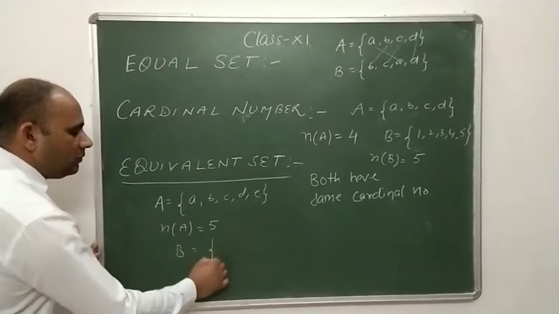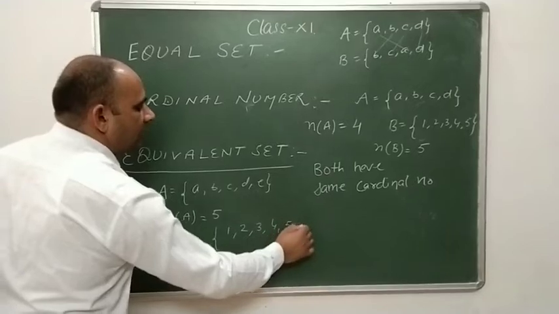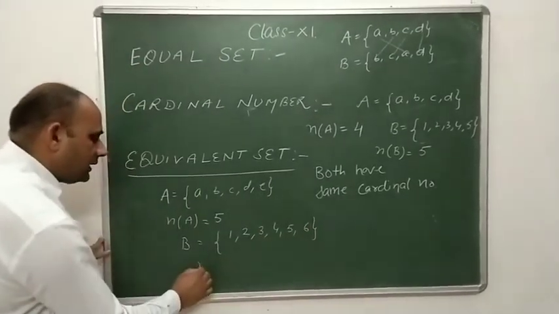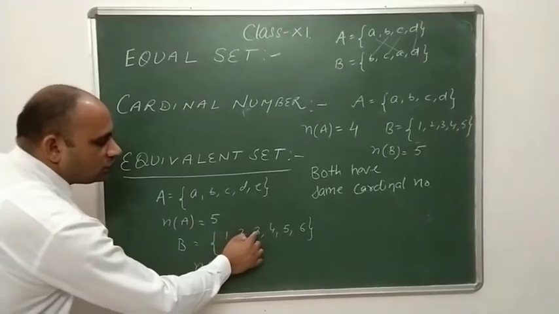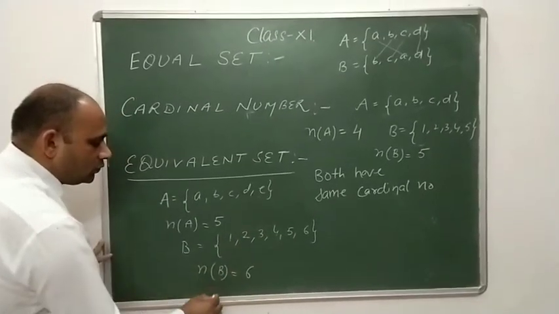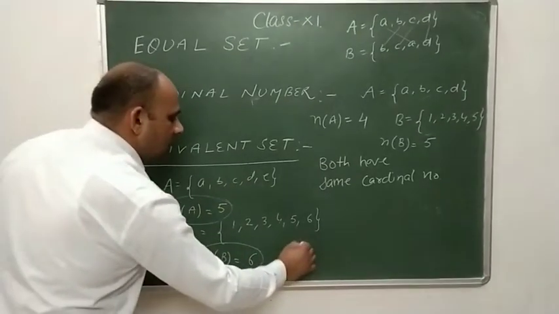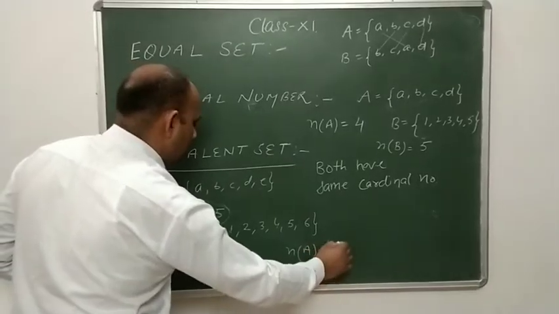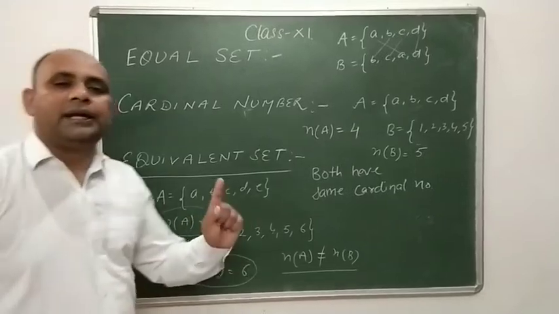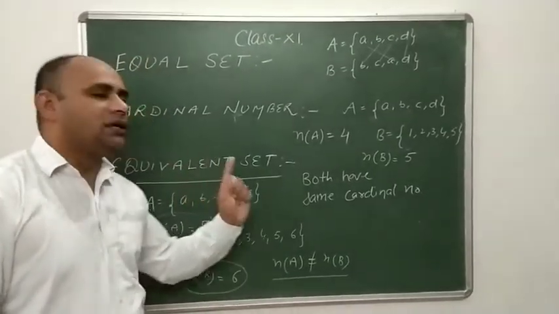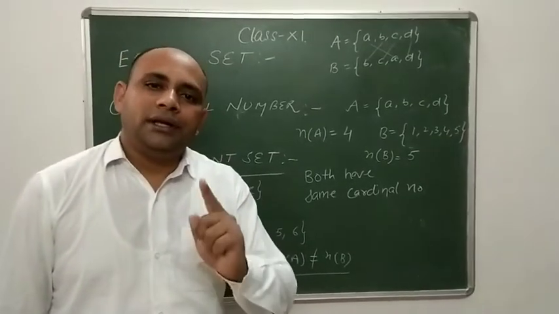And B has 1, 2, 3, 4, 5, 6. The number of elements in B is 6. So n(B) is 6 and n(A) is 5. Therefore n(A) is not equal to n(B). It means sets A and B are not equivalent.